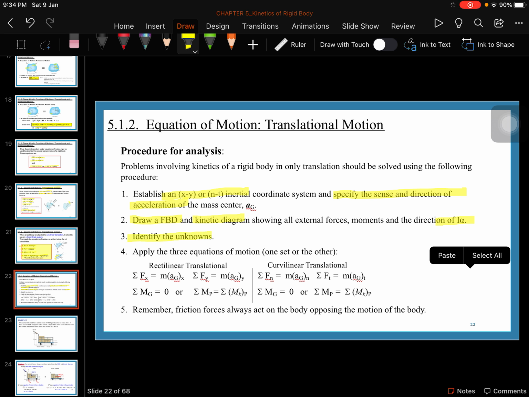Next, identify the unknowns. And number 4, apply the three equations of motion, whether rectilinear translation or curvilinear translation. Remember, friction forces always act on the body opposing the motion of the body.